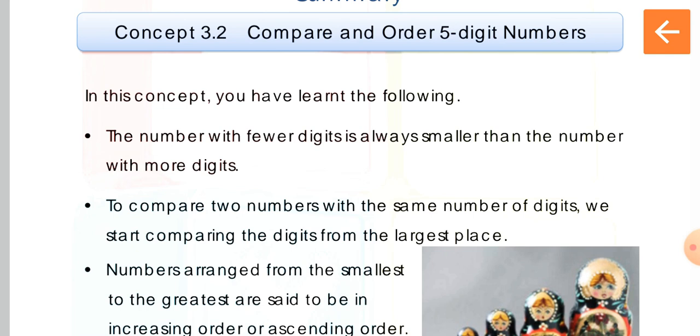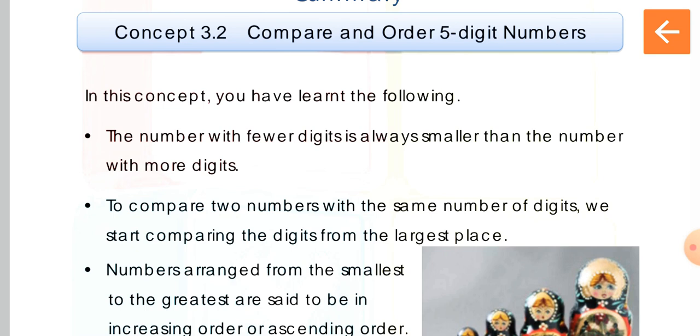Okay, children? Now, when we are comparing the numbers, we have to check something. That is, the number with fewer digits is always smaller than the number with more digits. The number with fewer digits is always smaller than the number with more digits.